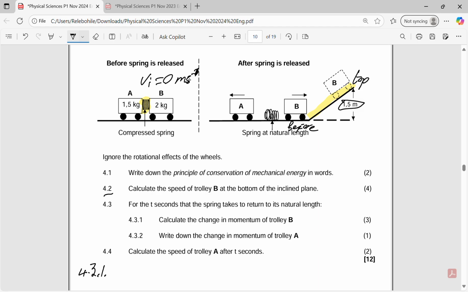0 meters per second. And then the trolleys were released, right? And when they were released, this one had an initial velocity of what? Remember, I just want to talk about this from this point to that point. The initial velocity was the one we found, which was 5,42, right? That was the initial velocity here.